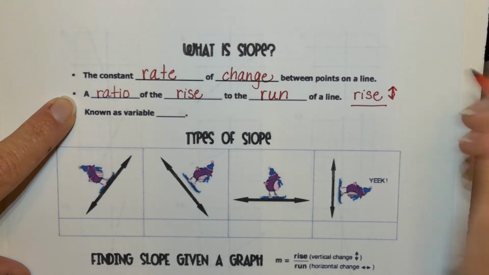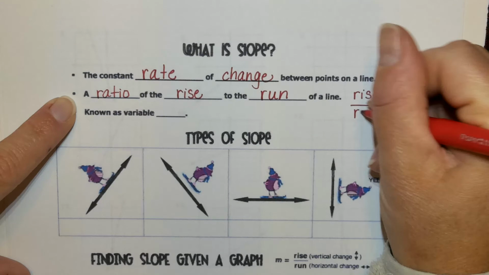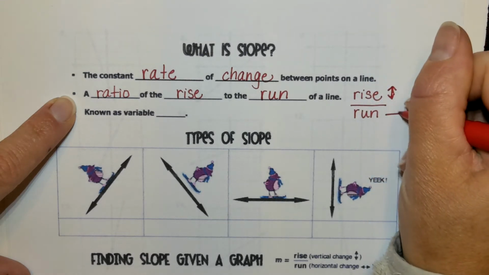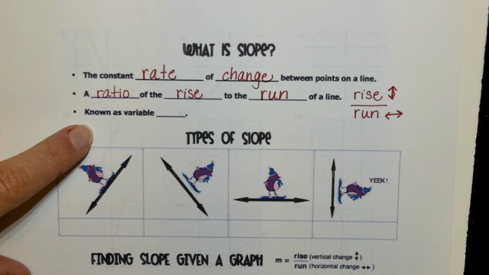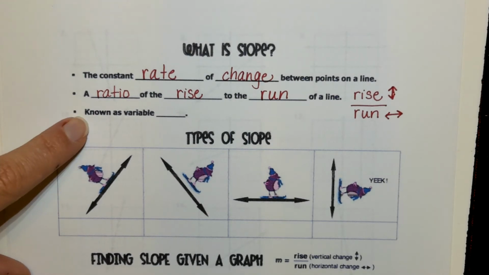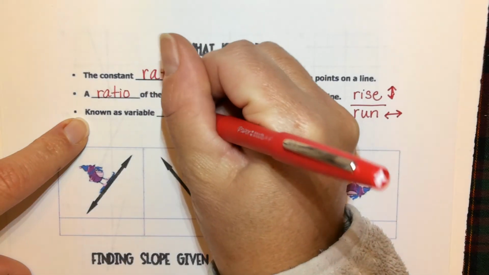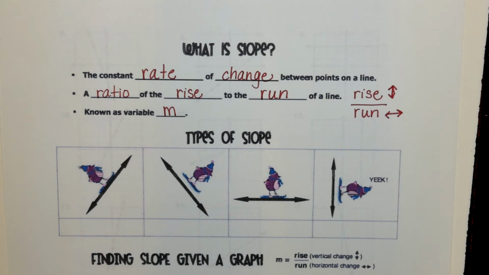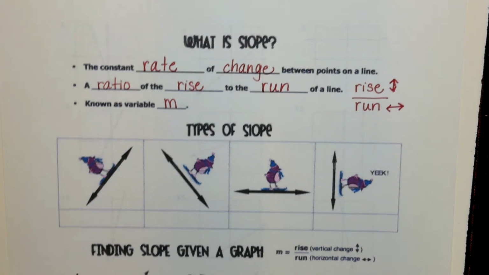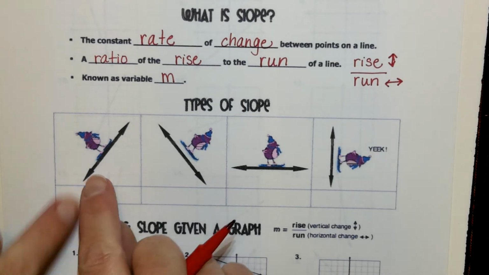That goes on top. That's your up or down movement. And then the number that goes on bottom is the change in the run, which is your side-to-side movement. All right? The variable they choose to use for slope, the third bullet point, is the variable m. Slope is represented as an m.